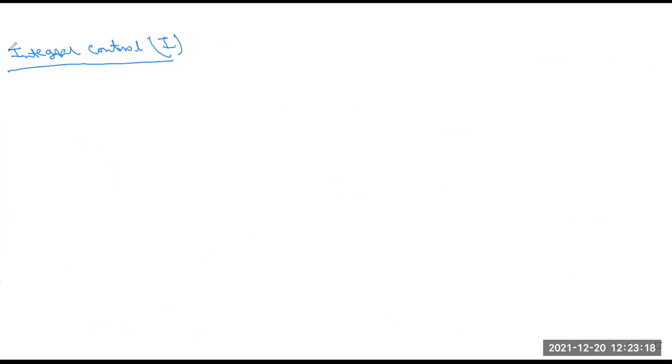So first, I am drawing the block diagram of the system. This is the first input R(s), coming into the first summing point. This is the first block, the controller part, 1 plus Ki by S. This is basically the integral controller part.